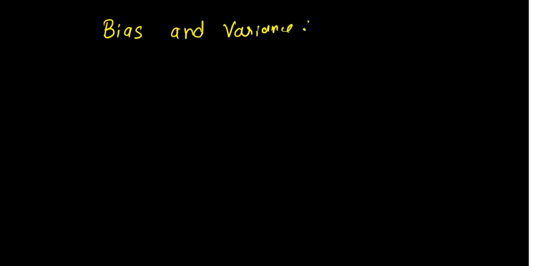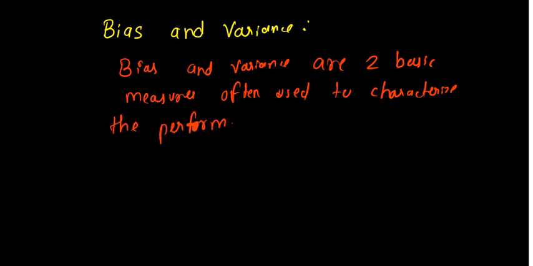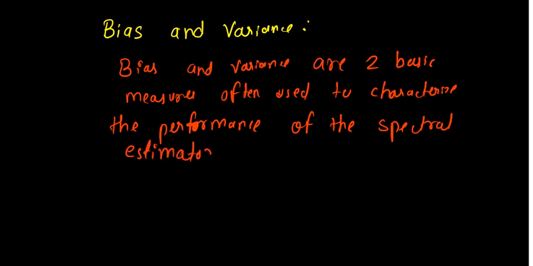Let me write the entire thing: bias and variance are two basic measures often used to characterize the performance of the spectral estimate. So the performance of the spectrum estimator.